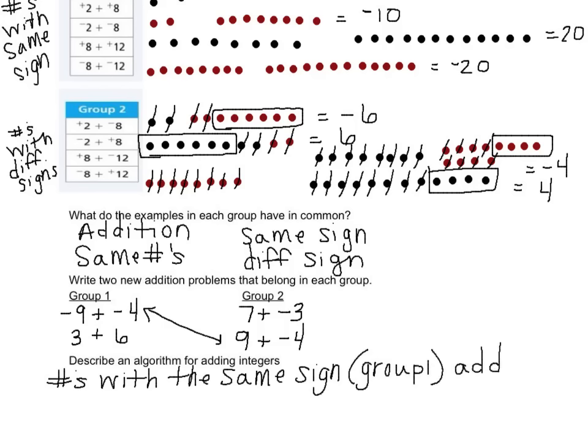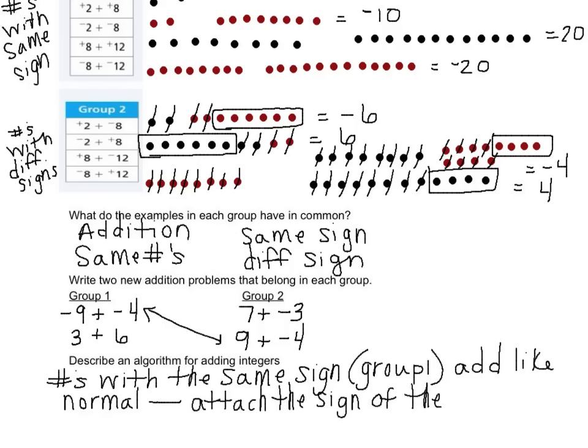You're going to add like normal, and you're going to attach the sign of the numbers. So if both numbers are positive, your answer needs to be positive. If both your numbers are negative, then your answer needs to be negative.